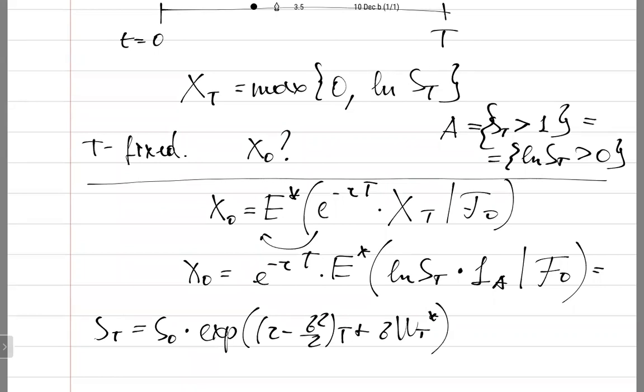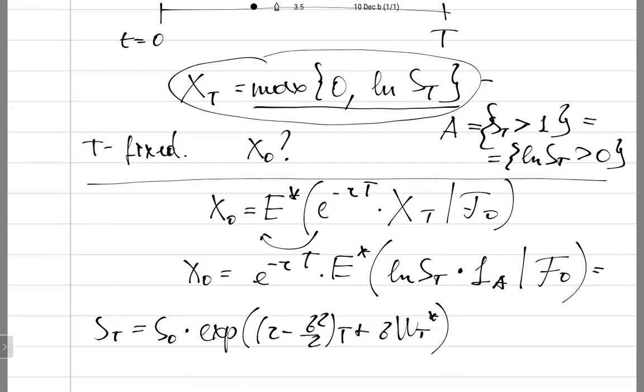The other one is also true, but could we invent an event? It depends on the goal. In our case, we need to find the price of this X. The payment is ln ST if ST is greater than 1 and 0 otherwise.